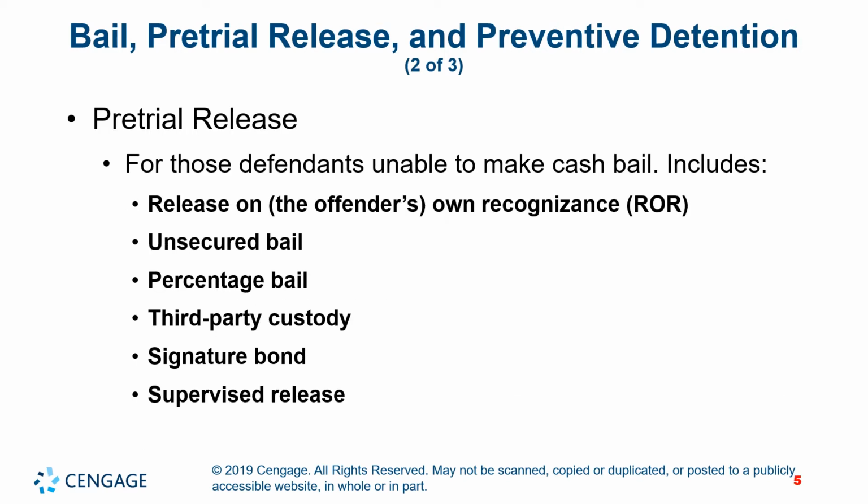In terms of pretrial release, for those defendants unable to make cash bail, this includes release on the offender's own recognizance, or ROR, unsecured bail, percentage bail, third-party custody, a signature bond, and supervised release.